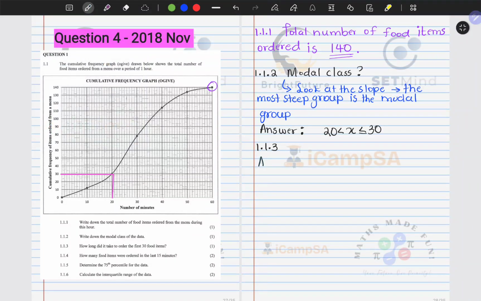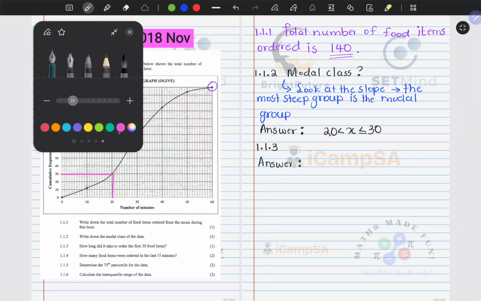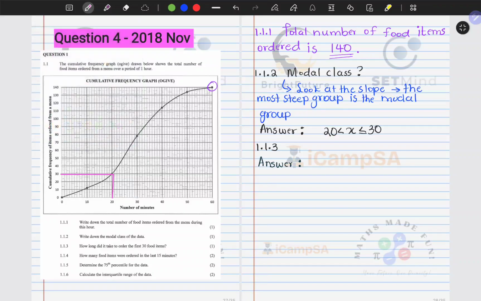So if you look carefully, we can therefore say that our answer is, if you look at our graph, that in pink there, it is 20 minutes. Okay, so this is the time taken to order the first 30 items. Okay, and then we are asked how many food items were ordered in the last 15 minutes.